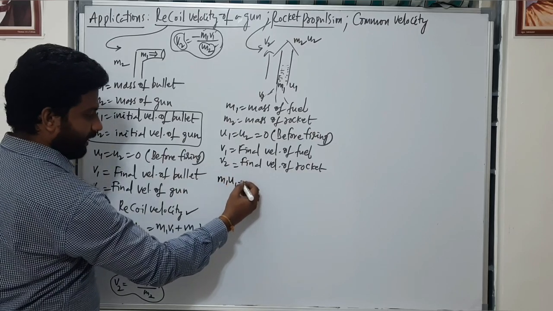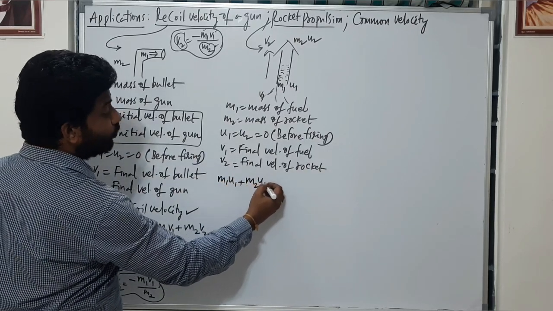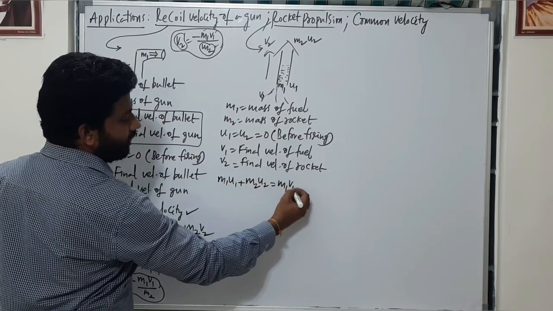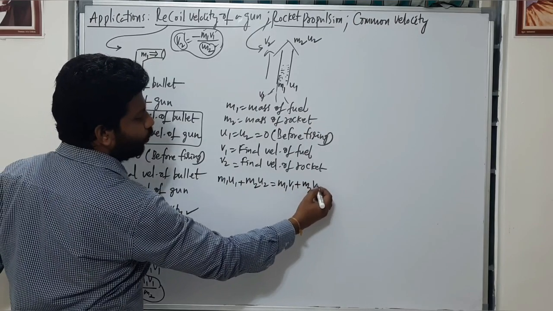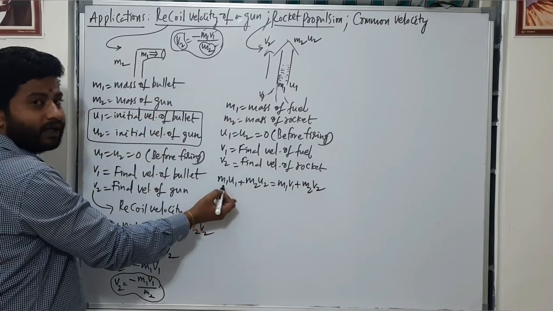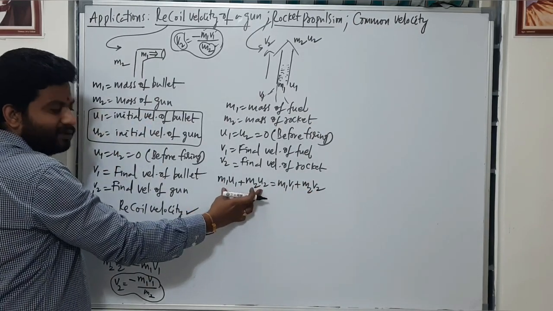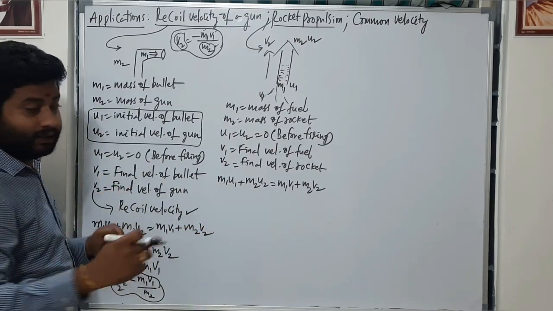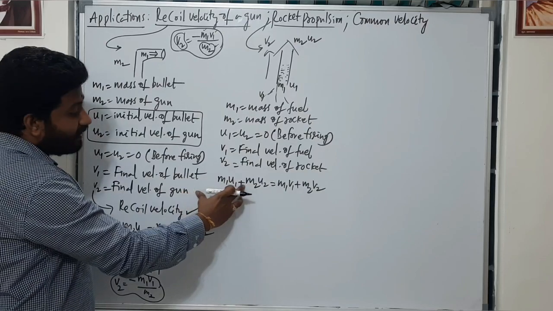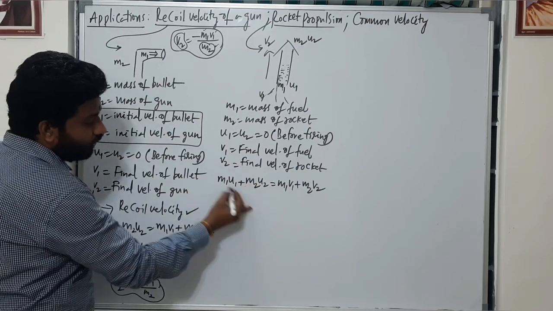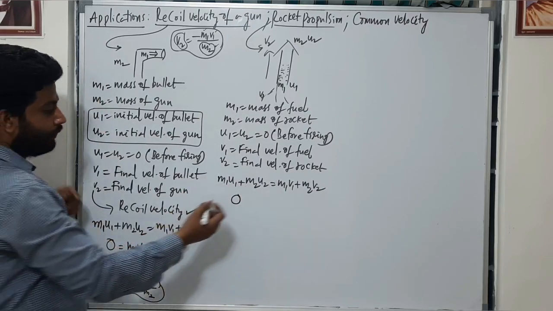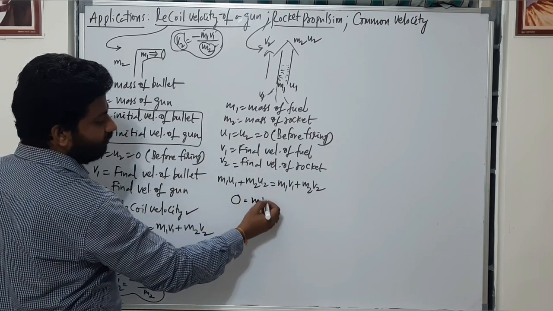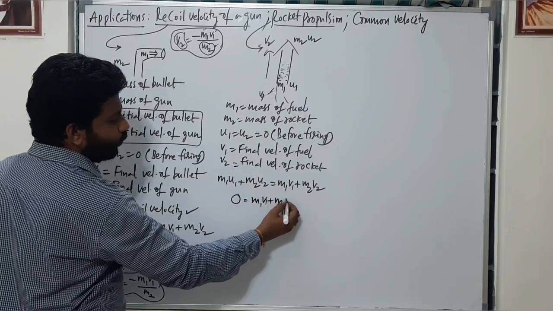M1 U1 plus M2 U2 is equal to M1 V1 plus M2 V2. So this term will become 0 because the complete term is associated with the rocket before firing. M1 into 0 plus M2 into 0. So the total left hand side will become 0, which is equal to M1 V1 plus M2 V2.